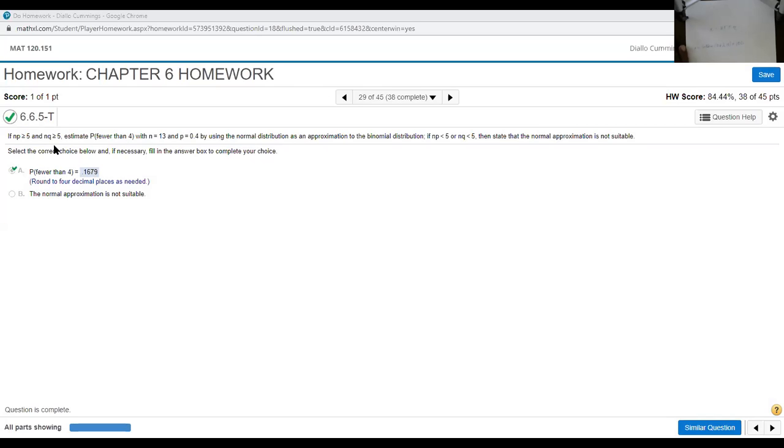Remember that the mean of a binomial distribution is n times p. We also need the standard deviation, which for a binomial distribution is the square root of n times p times q. Before we use the normal CDF function in our calculator, we have to find a few things.